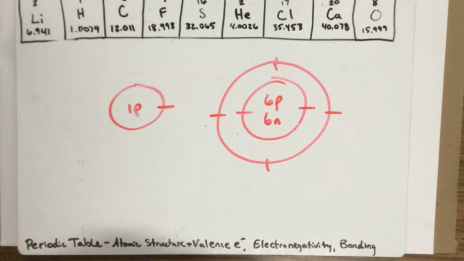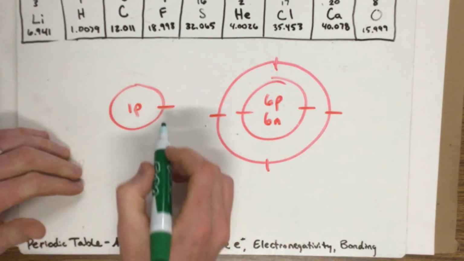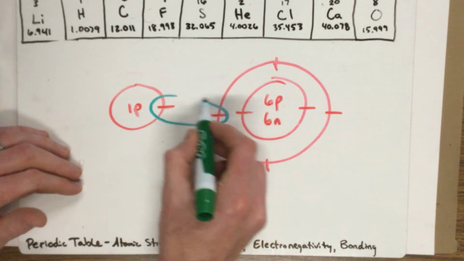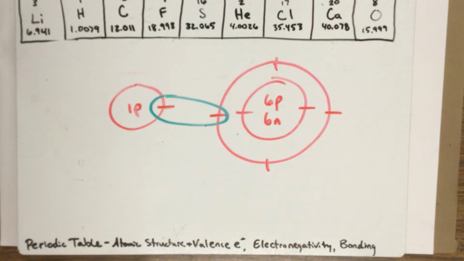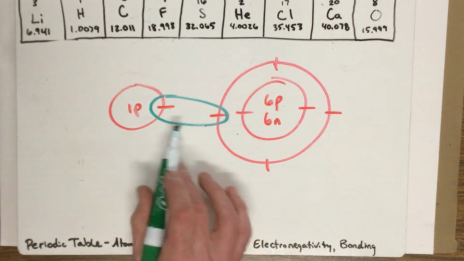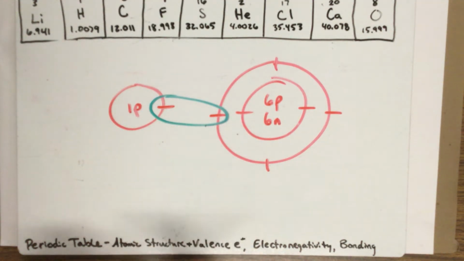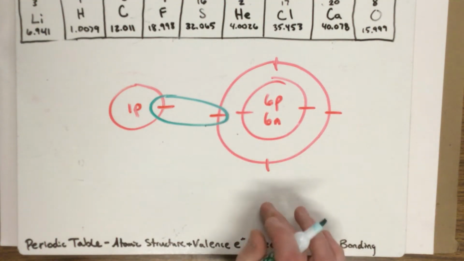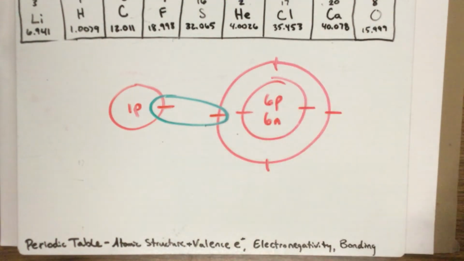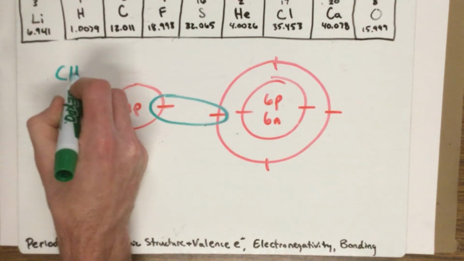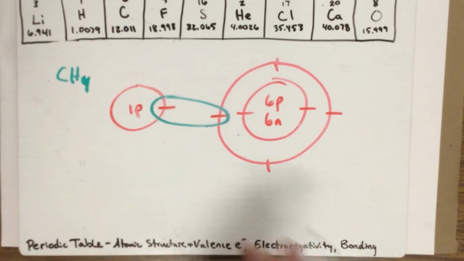So instead here, since they're both the same in electronegativity, we would say this is a pretty perfect sharing. A carbon-hydrogen bond, they share quite perfectly, because they're both similar in electronegativity. They're both about half full on the outside. So we'd have another hydrogen here, another here, another here, and we get what's called CH4, or methane.